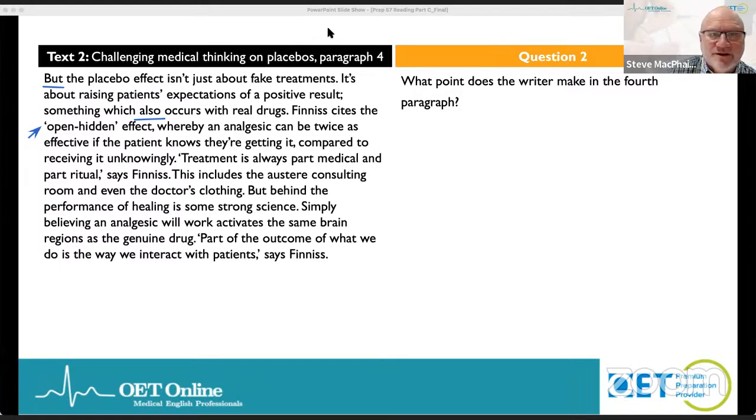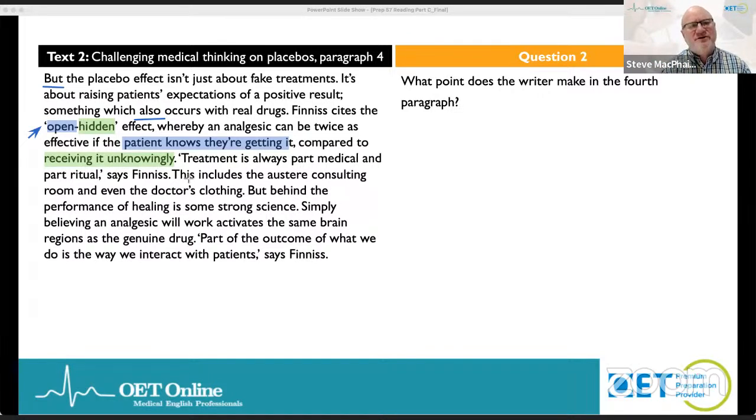So there we go, everyone. Make sure you understand that definition. Open: an analgesic can be twice as effective if the patient knows they're getting it. So that means it's open. And hidden, compared to receiving it unknowingly. If you receive it unknowingly, it's hidden, right?